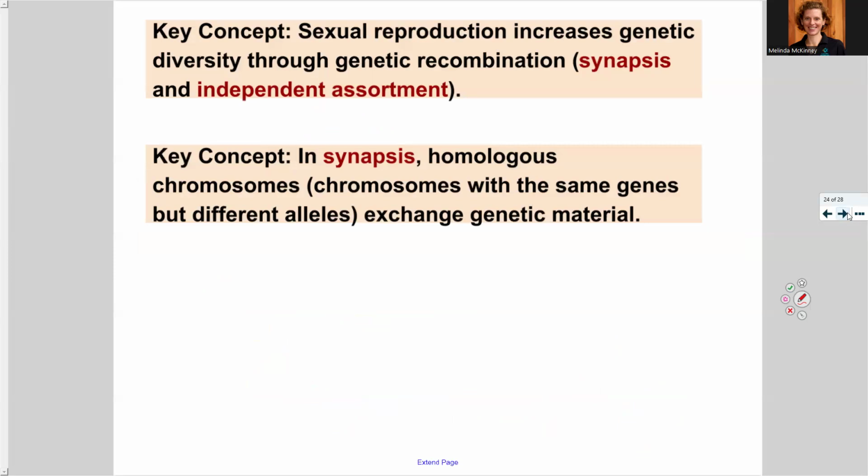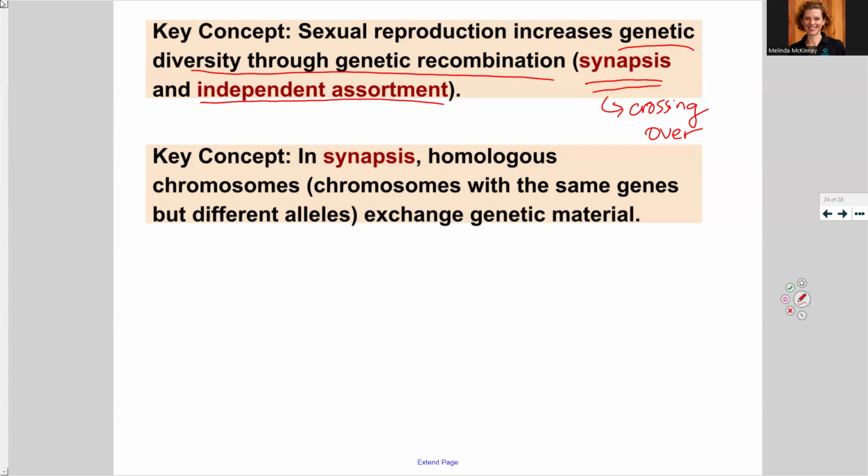Sexual reproduction increases genetic diversity primarily through two major means, in addition to fertilization. One of them is called synapsis, which is associated with crossing over. Crossing over occurs in prophase 1 of meiosis. And then independent assortment.